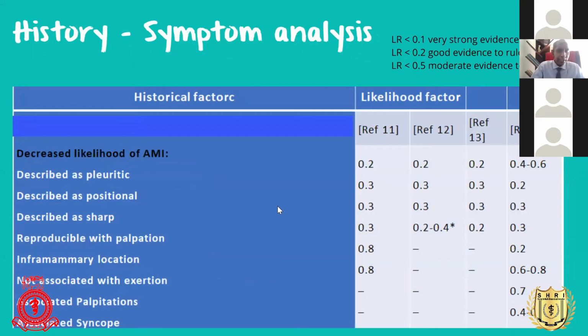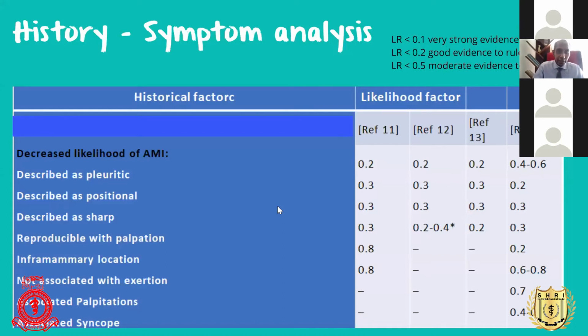If the patient describes the pain as pleuritic, if it is positional, if it is sharp, if it is reproducible with palpation, if there's any inflammatory location, if there's no association with exertion, if there's an associated palpitation or associated syncope, those make an acute coronary event less likely.